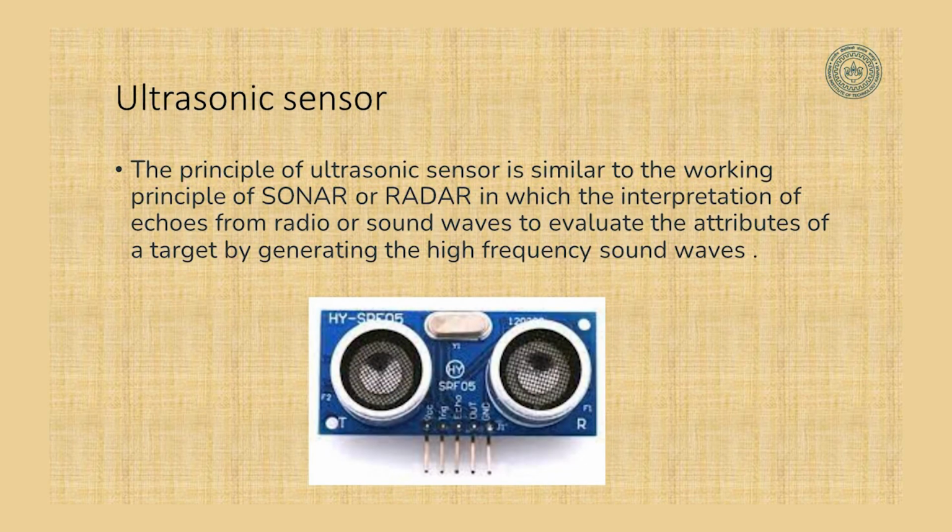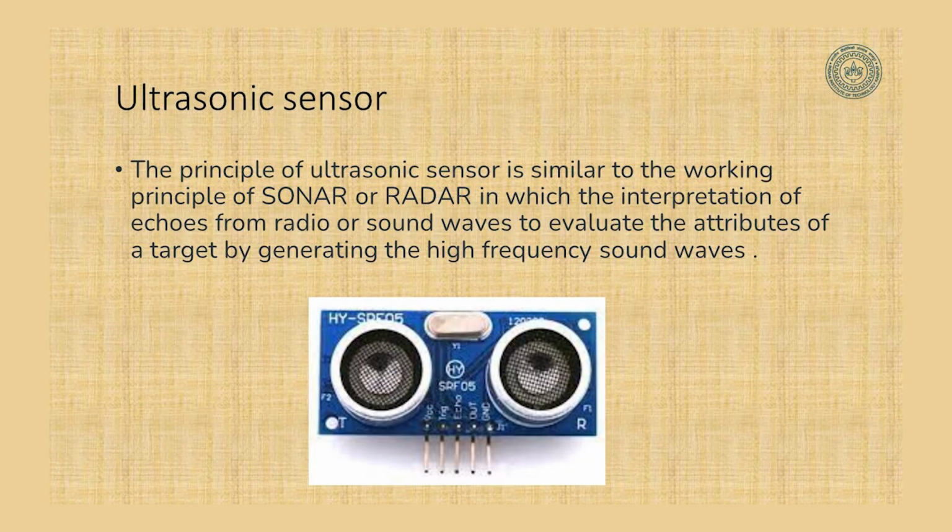Okay. Then we have these ultrasonic sensors. The principle of the ultrasonic sensor is similar to the working principle of sonar or radar, in which the interpretation of echoes from sound or radio waves is used to evaluate the attributes of the target. So, there is an ultrasonic wave that goes out from these, you can call them speakers.